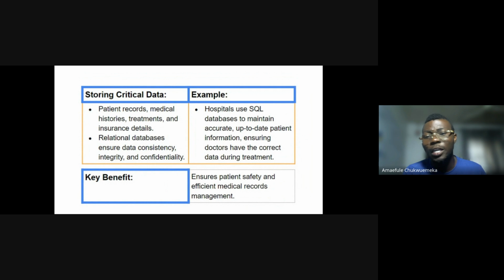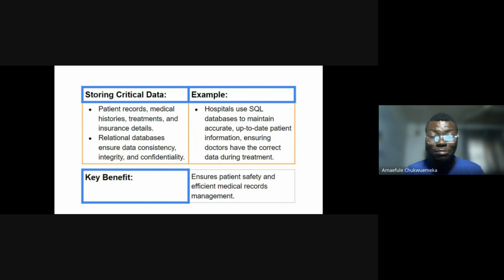Okay, so in a hospital, they will be using an SQL database to maintain up-to-date patient information, and the doctors can use that data to prescribe the right treatment. Imagine the doctor looking at the database to say, okay, this is what I recommended to you the last time you were here and the last 2 times you were here. So I can now predict the next thing, how your treatment is going. But if they don't have that data, then they will ask the patient, what were you treated for the previous time?